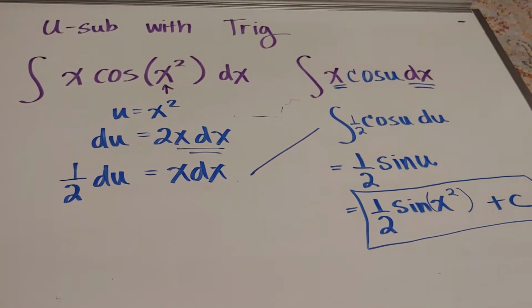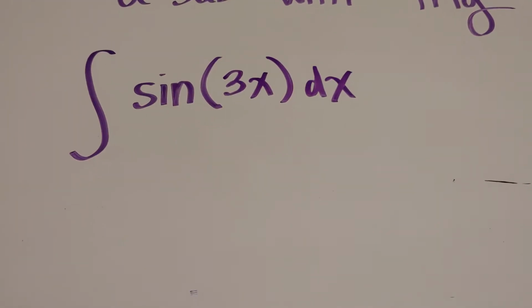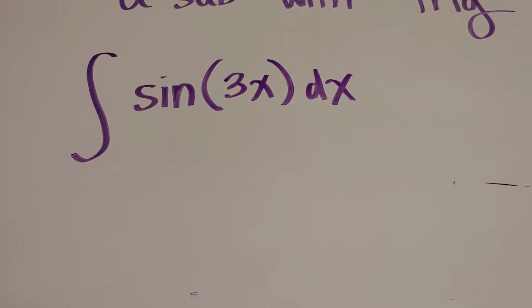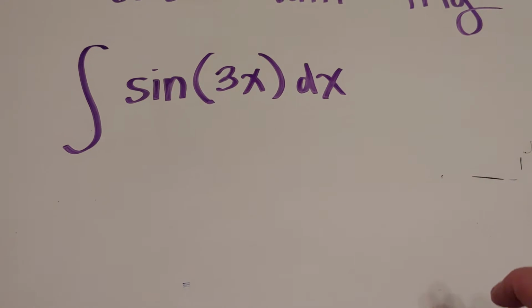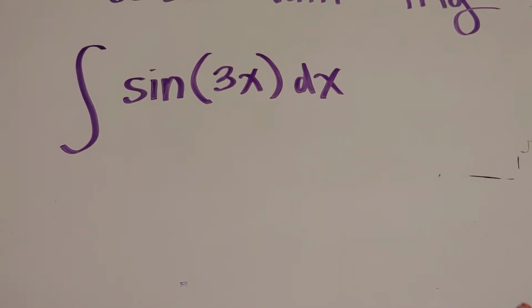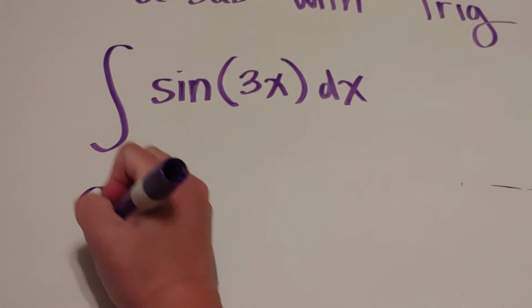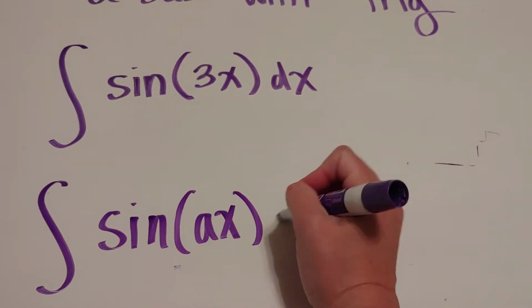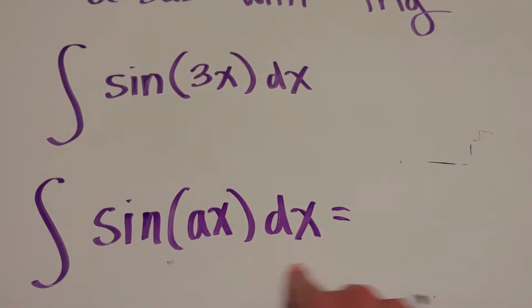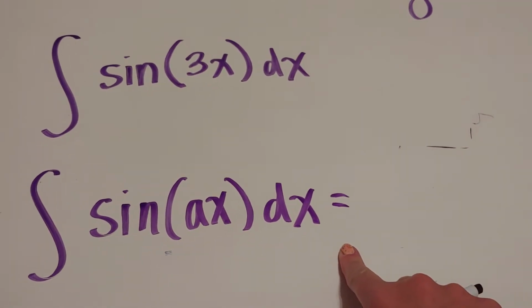I have one more. This integral is pretty small: I just have the integral of sine of 3x dx. I encouraged you to memorize that the integral of sine of a x dx, a fact we had in our notes a couple of sections ago.